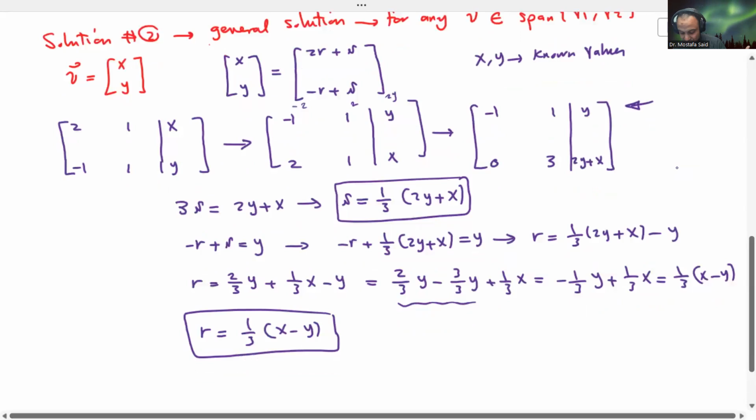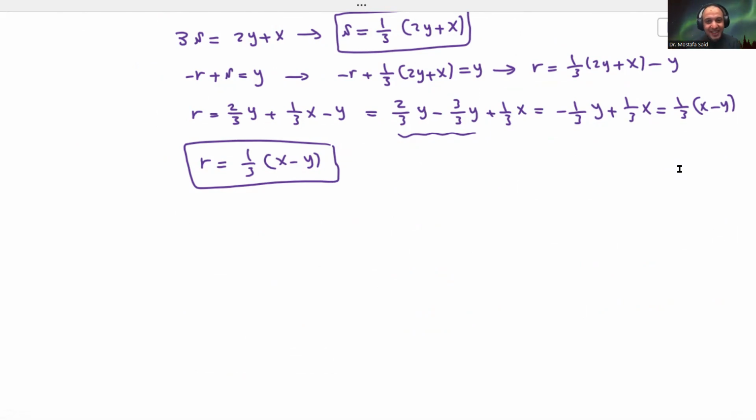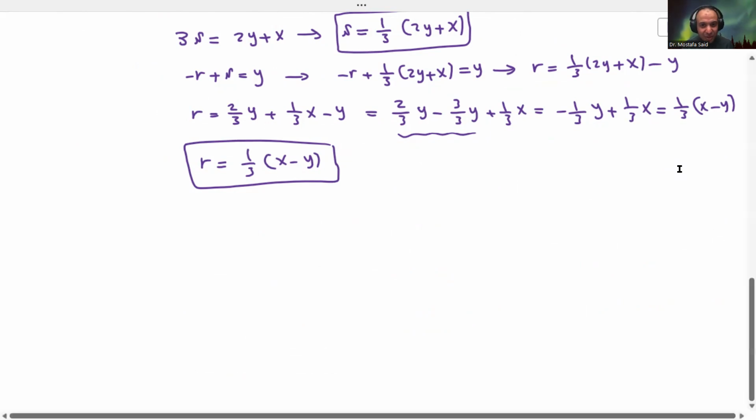Remember again, x and y can be considered known. So we could now find a general solution for the transformation of any vector belonging to the span of the space of v1 and v2.